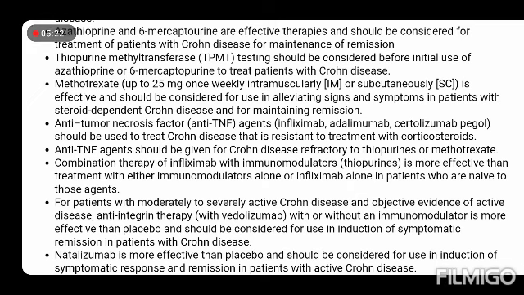Combination therapy of infliximab with immunomodulators like thiopurine is more effective than treatment with either immunomodulator alone or infliximab alone in patients who are naive to those agents.